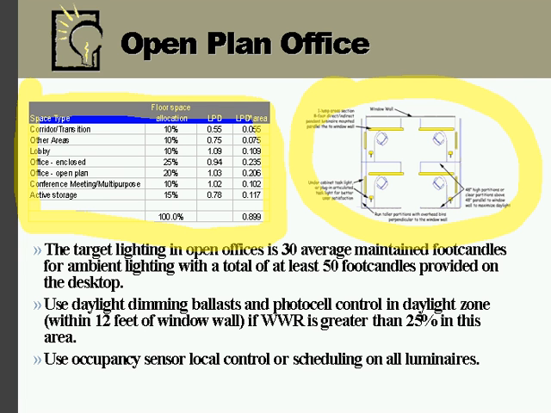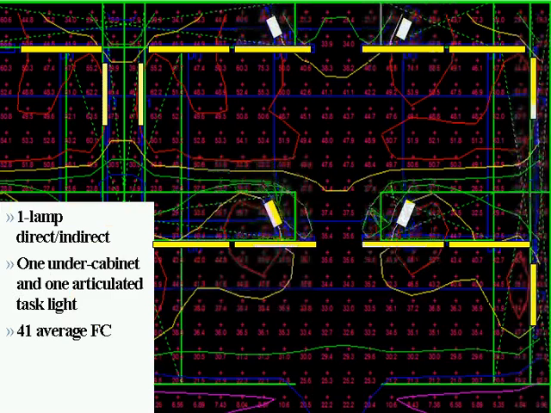In an open office, we want to maintain about an average of 30 foot candles. We would like to see approximately 50 foot candles on the desktop. And again, we want to daylight dim the lights within 12 feet of window walls on the north and the south side, and use occupancy sensors in other areas, all luminaires.